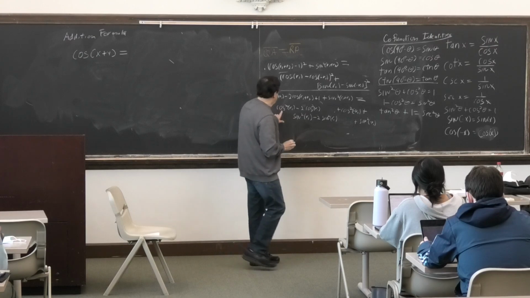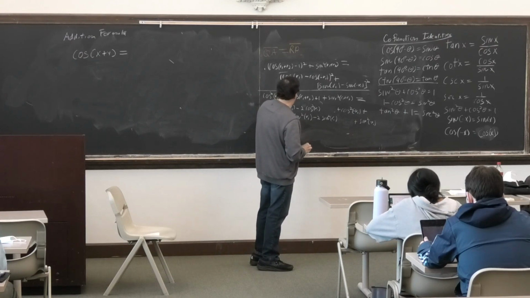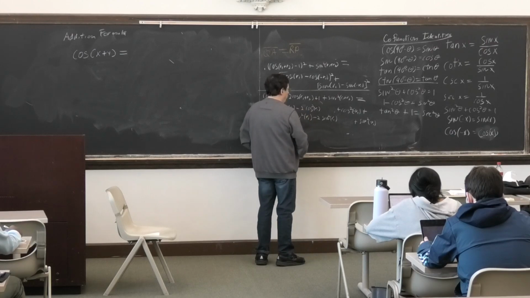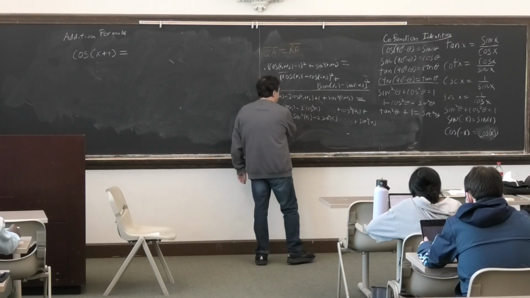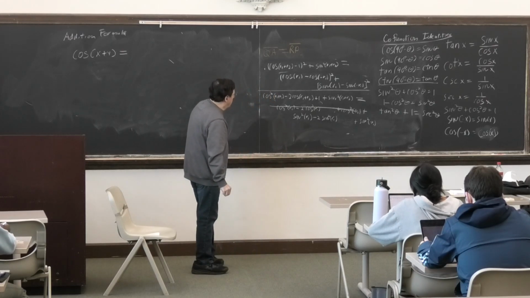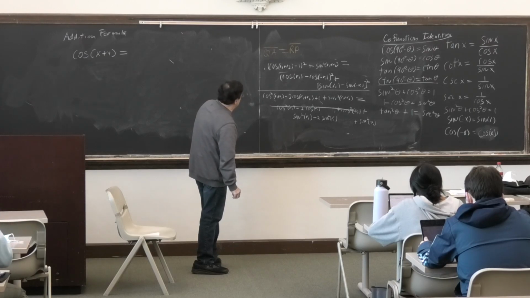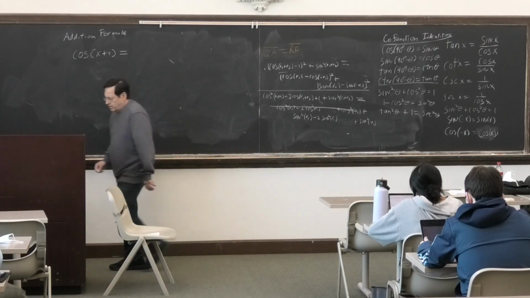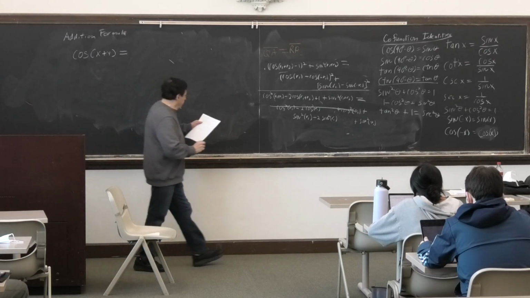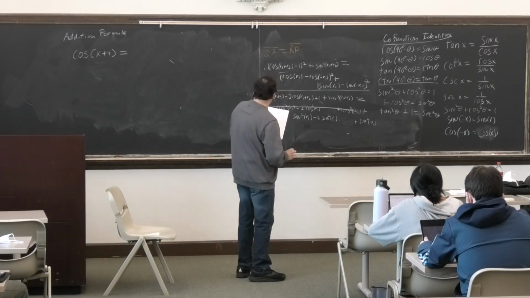So you've got cosine squared plus cosine squared minus 2 cosines. Hope I got that right. Uh-oh, it doesn't look right. That's why I left some additional notes to be on track here.